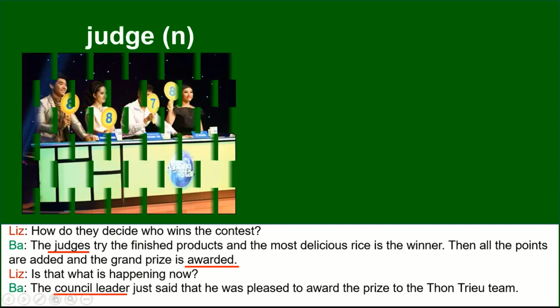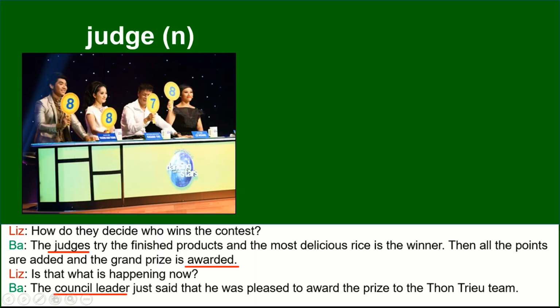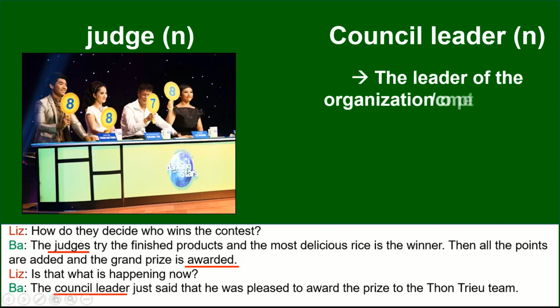Judges. Look at the picture. They are judges in a competition, so they give marks to the participants. Then, council leader is the leader of the organization or a competition.